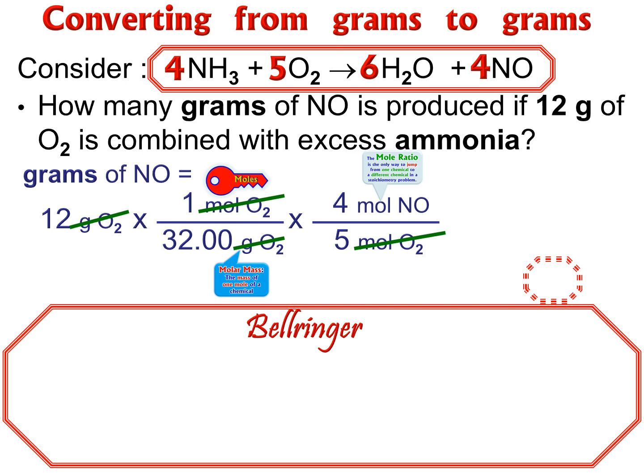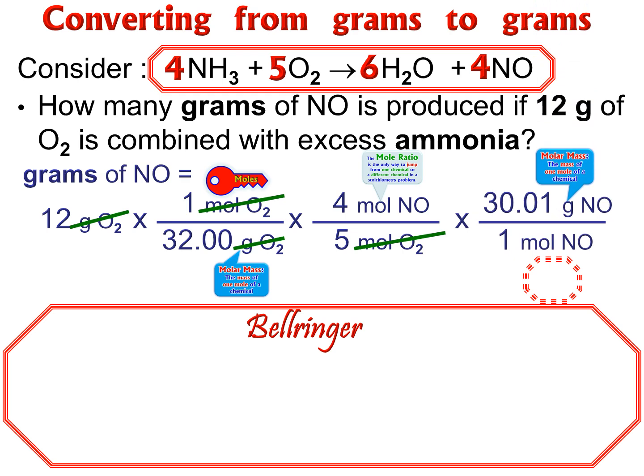Very easy molar mass. But do the grams go on the top or the bottom? What unit has to go on the bottom? Think about it. The unit that has to go on the bottom is moles of NO. So that means that the grams have to go on top. And notice again, at the end of a problem, grams are on top. So what's going to cancel?